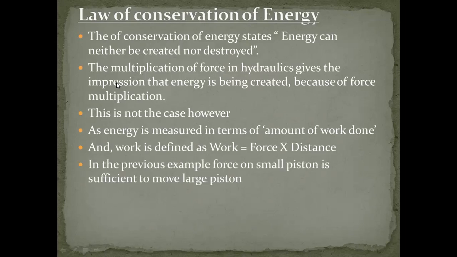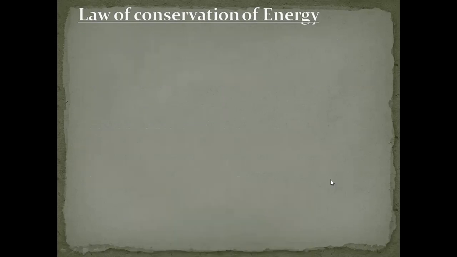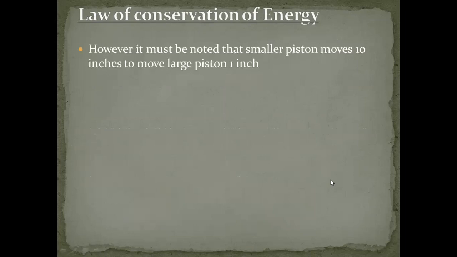In the previous example, the force on a small piston is sufficient to move a large piston. You can see that there is a small piston and we have applied a small force to move a larger piston. However, it must be noted that the small piston moves 10 inches to move the larger piston.